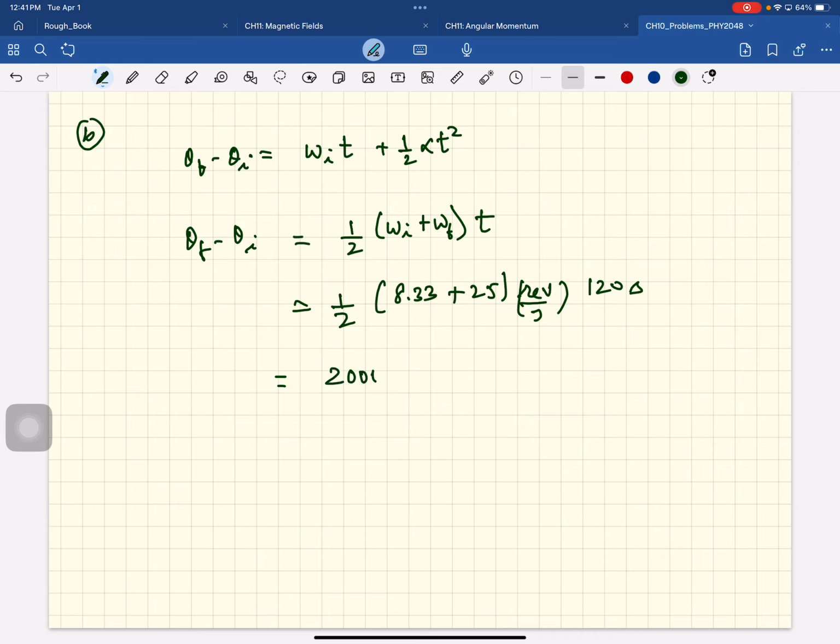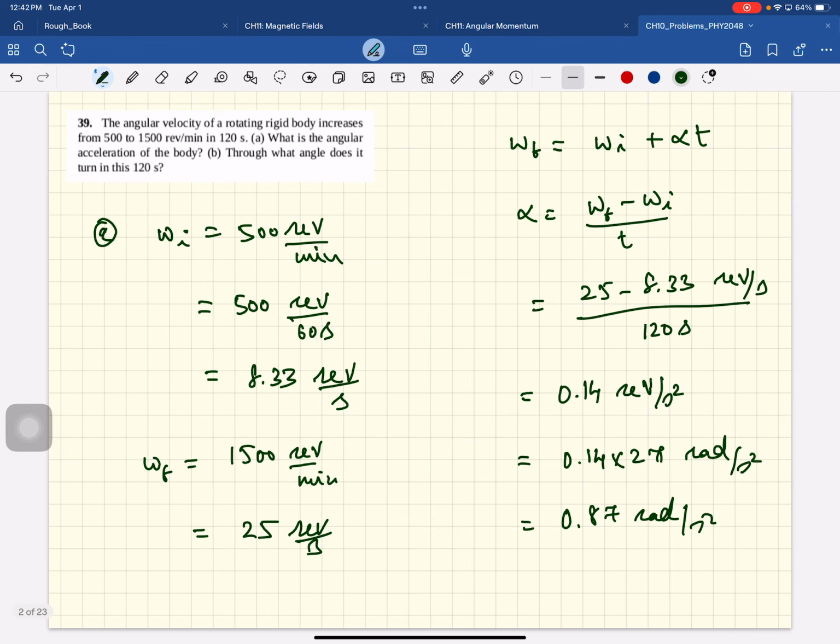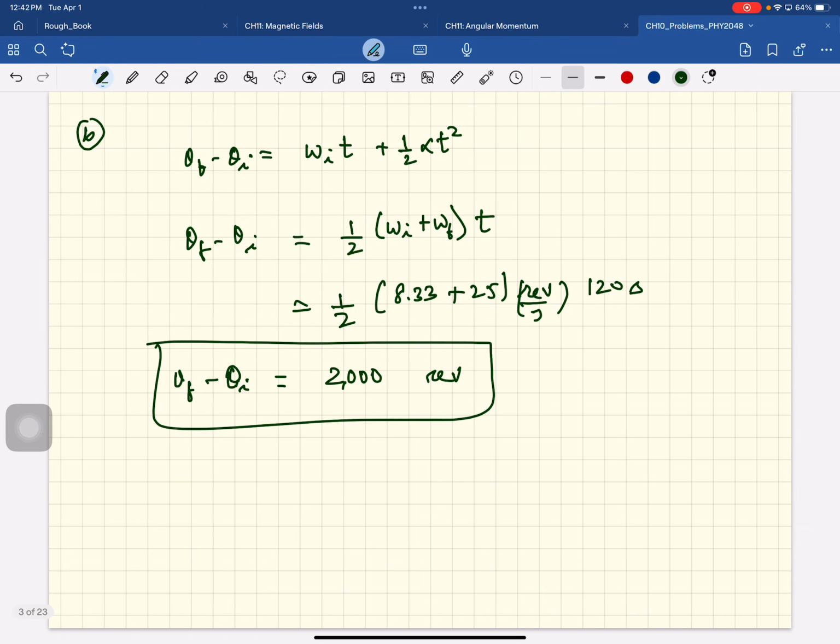So 2,000 revolutions. Okay. So this thing has rotated 2,000 revolutions in 2 minutes, in speeding up. Good. Did you have a question?